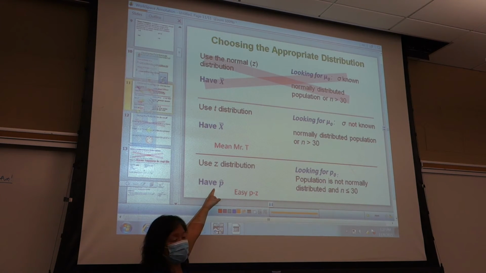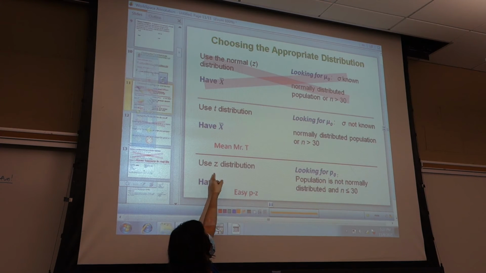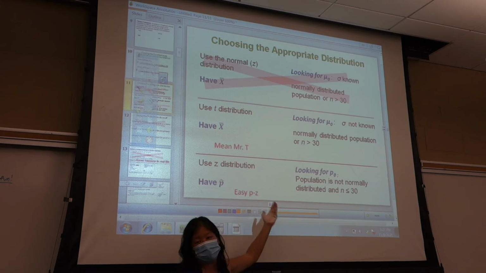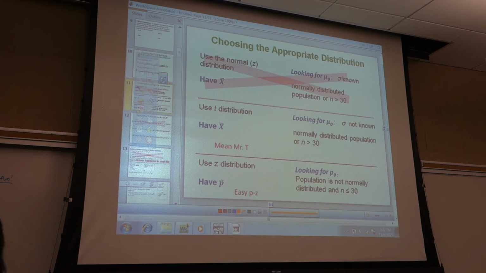If it's a proportion, you have p hat, use a z distribution. Easy peasy. Proportion, p, z distribution. PZ, easy peasy. The other question is, how do I know if my problem is a mean problem or a proportion problem?